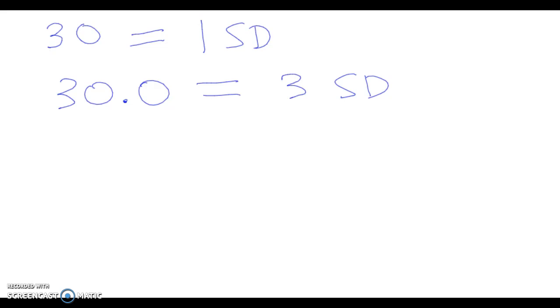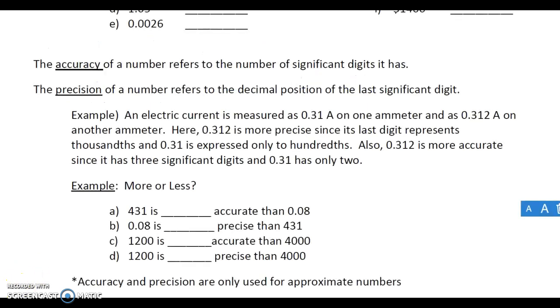All right? Now let's talk about the differences between accuracy and precision. Accuracy of a number refers to the number of significant digits, and for precision, we are looking at the decimal position of the last significant digit. So in example A, the number 431 is more accurate than the number 8 hundredths because 431 has how many significant digits?